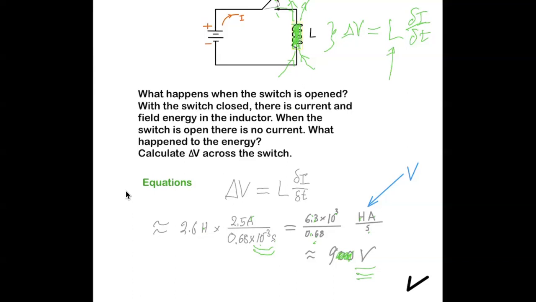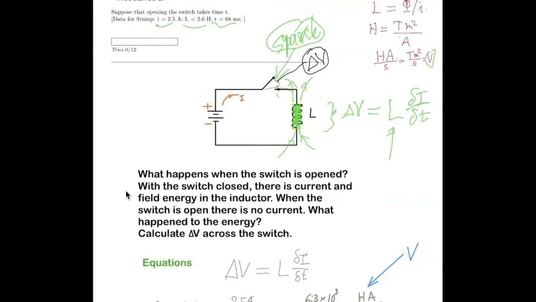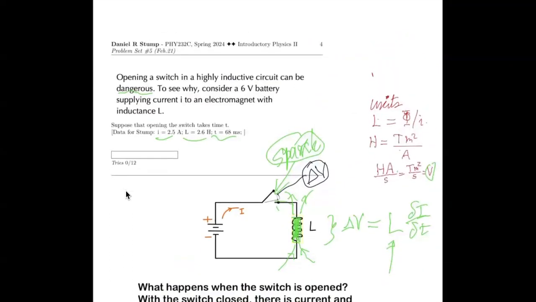Yeah, that is right. Or maybe it's 1,000. Maybe it's 9,000 volts. In other words, a very large, dangerously large voltage will generate this spark. And that's why it's dangerous.